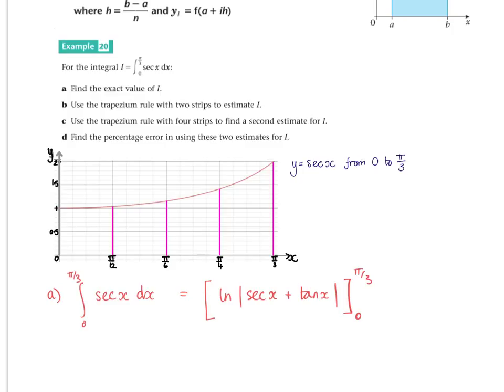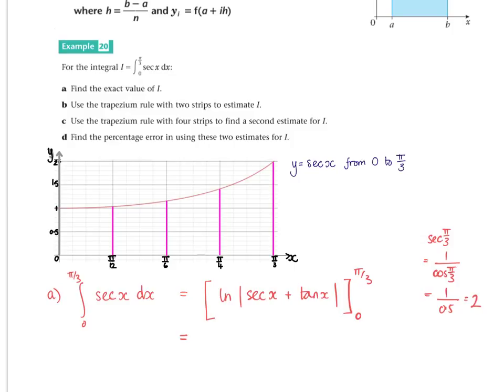If we then substitute in our upper limit and lower limit, sec is 1 over cos, so sec of pi by 3 is equal to 1 over cos of pi by 3, which is 1 over 0.5, which is equal to 2.